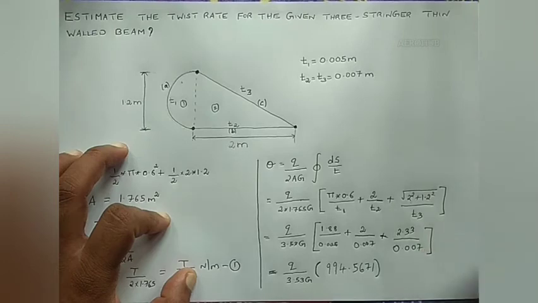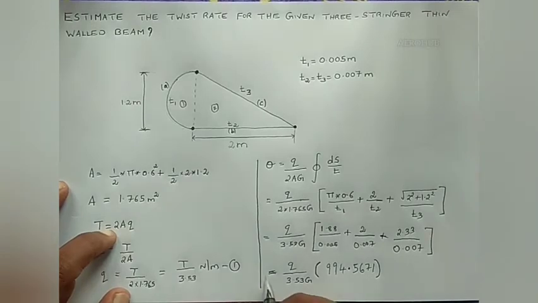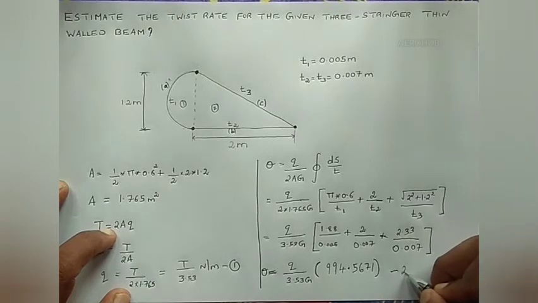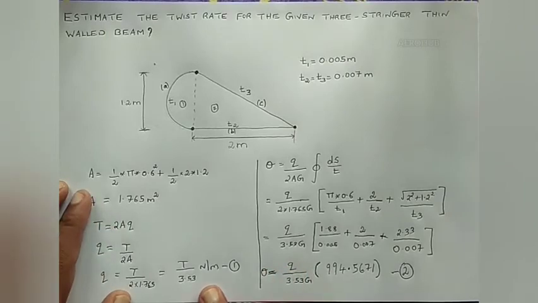This is the value I am getting while doing the calculation. You can try it out. I put this equation for theta as equation number 2. We have the value of Q from equation number 1. It is always better to put the value of twist rate in terms of the value of torque.